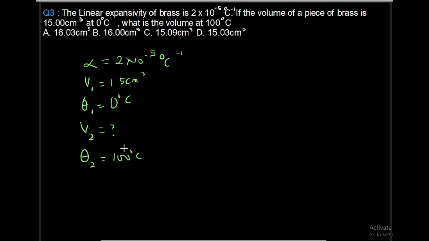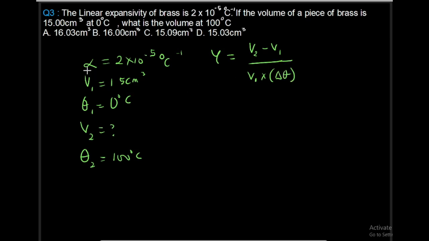Okay, so how do we go about this question? Change in volume is accompanied by volume expansivity. So this is supposed to be volume expansivity equals change in volume V2 minus V1 all over original volume times change in temperature.